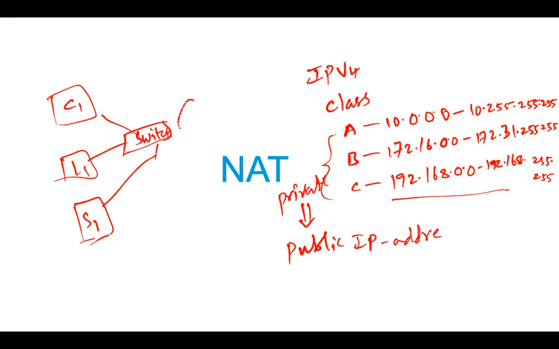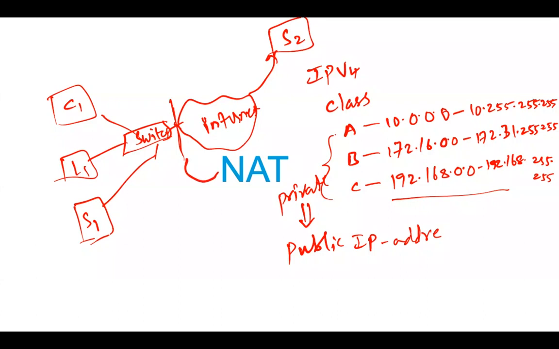But if they want to communicate with a device outside, suppose server 2, through the internet, the private IP address limitation is up to here. So here network address translation is required to convert these private IP addresses to public IP addresses.